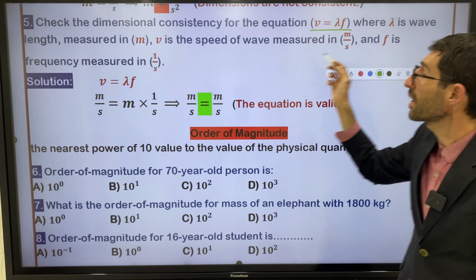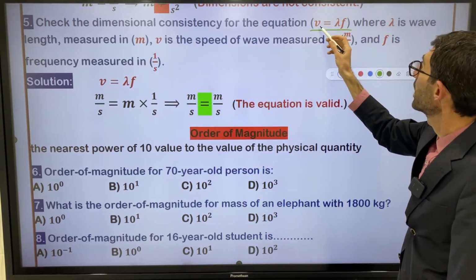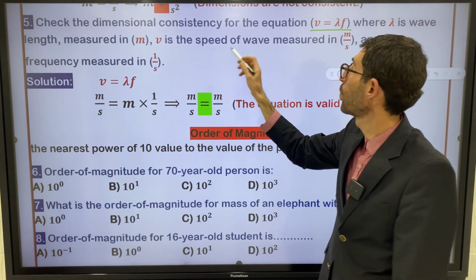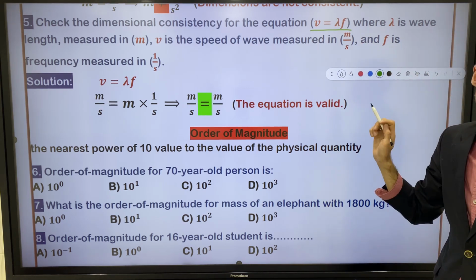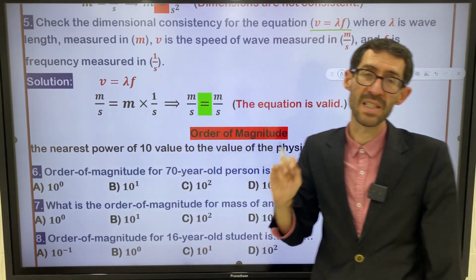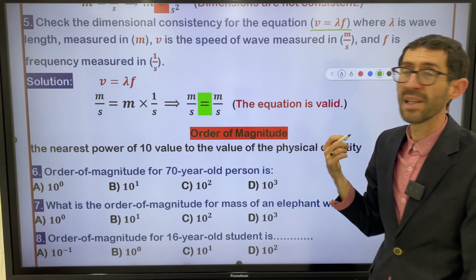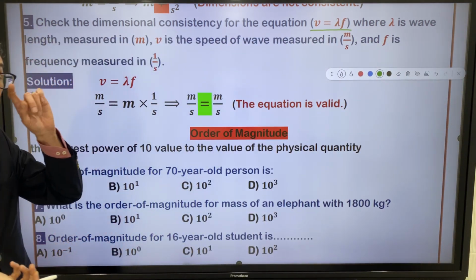Lambda is wavelength measured in meters. V is the speed of the wave measured in meter per second, and f is the frequency of the wave measured in 1 per second, right? Let's do the calculation.